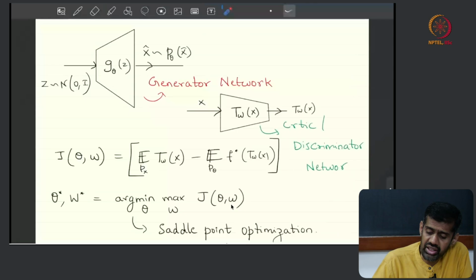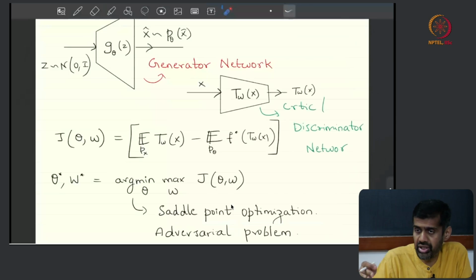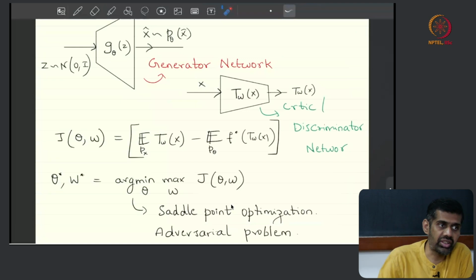And we have another neural network, T w, which is trying to approximate the t function. Remember, this t function is the class of all functions that has the same domain as that of the data x, and the range of that function is the domain of f star, where f star is the conjugate of the convex function that we started with.